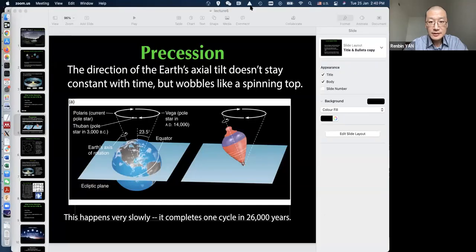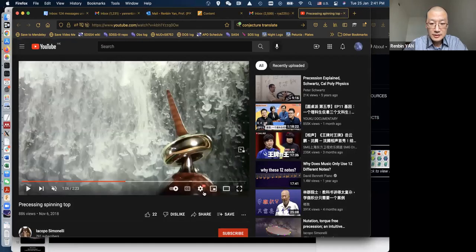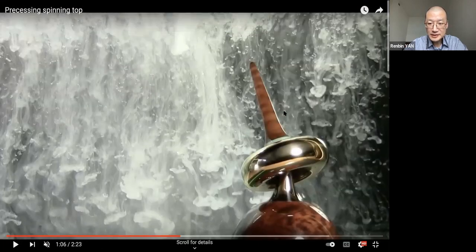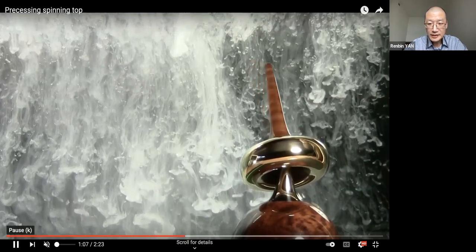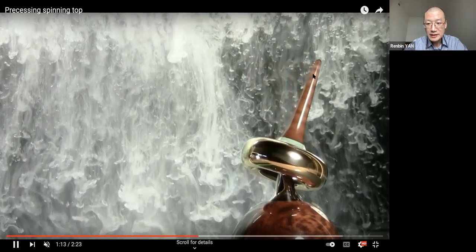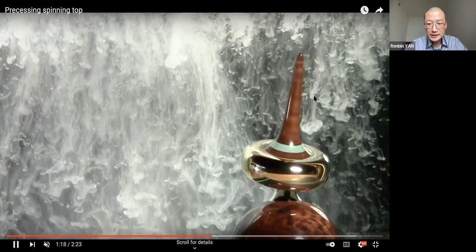Now let me go back to screen sharing. There is another video I want to show you. This is also a video of a spinning top. You can see the top spins really, really quickly, but the axis wobbles around at a much slower rate.